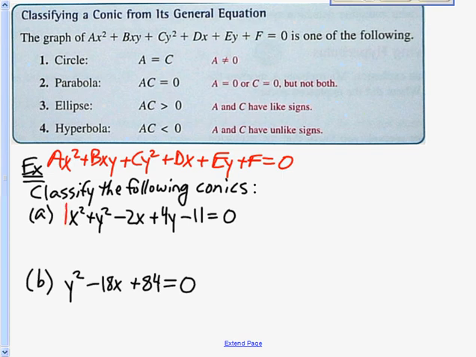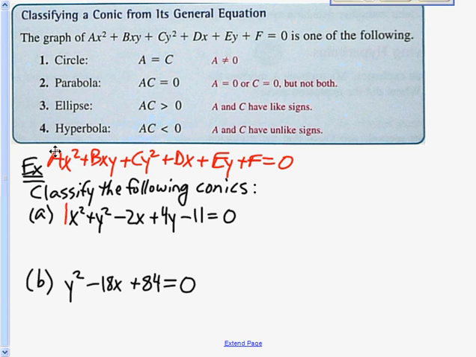And what we need to know on each of these is A and C and how they're related. So I'm looking for A and for C, and that's really all I need for now.